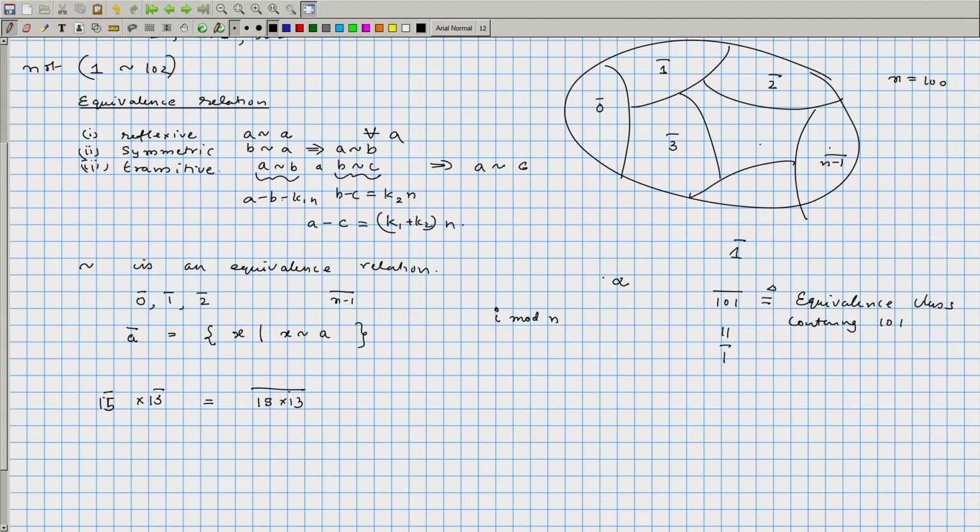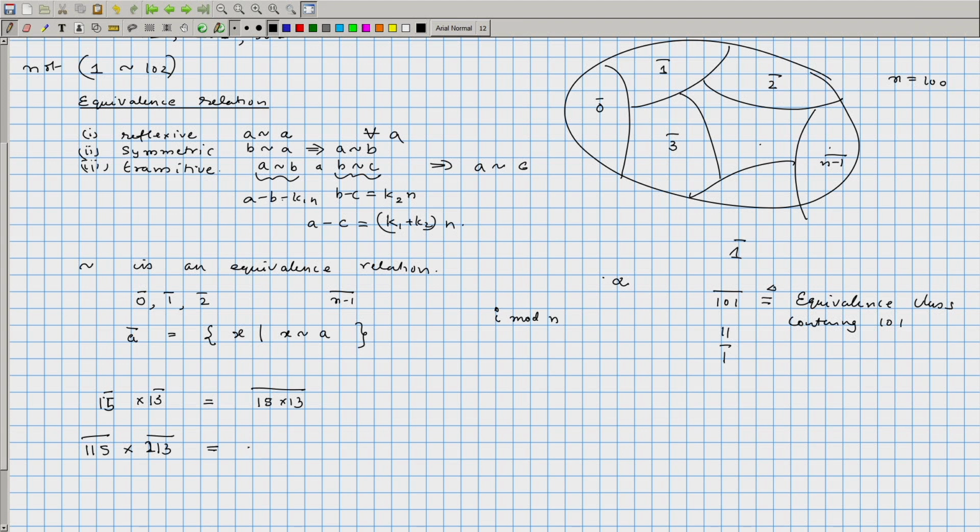Okay. Now, this is going to be a valid definition only if I take other elements, let us say 115, which is in the same equivalence class, and multiply it into, let us say, 213 bar.